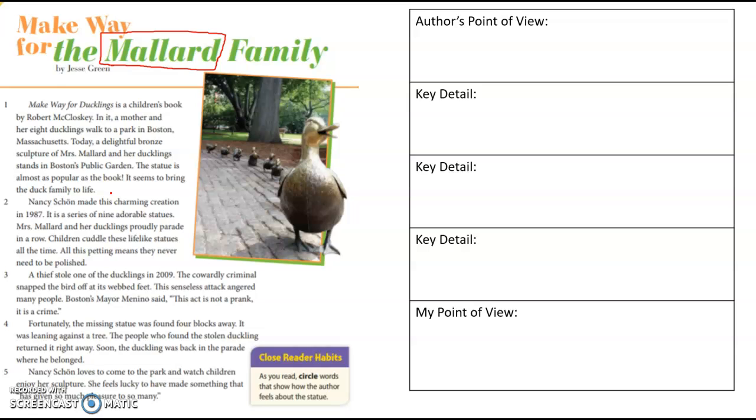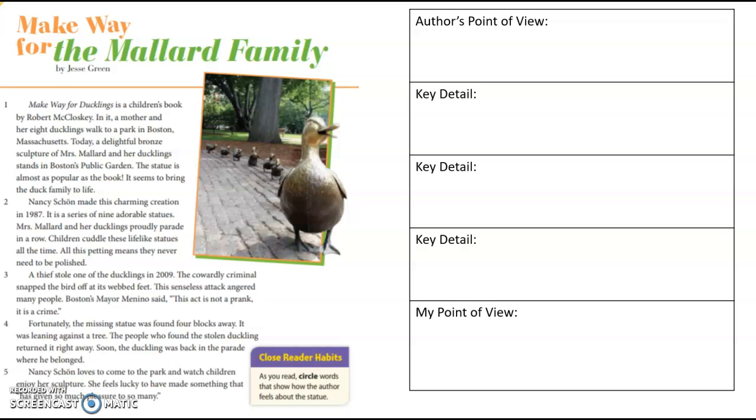Nancy Schoen loved to come to the park and watch children enjoy her sculpture. She feels lucky to have made something that has given so much pleasure to so many. So first let's talk about the main idea of this text.